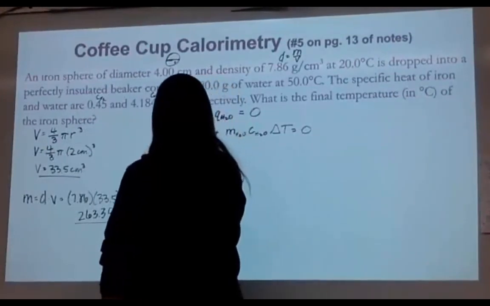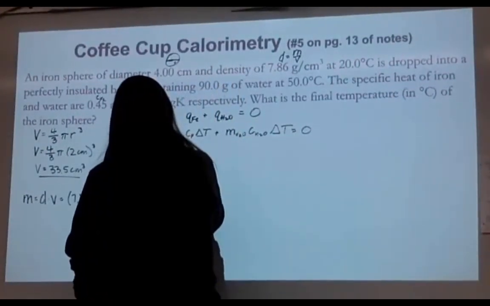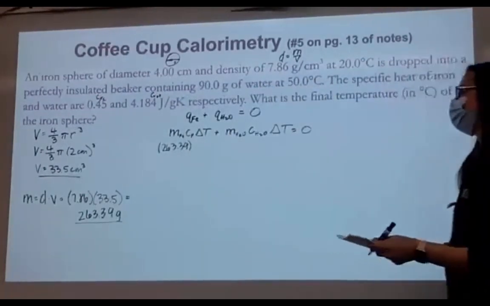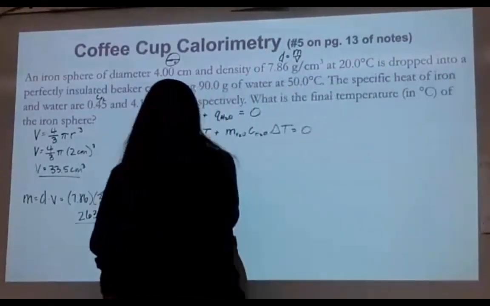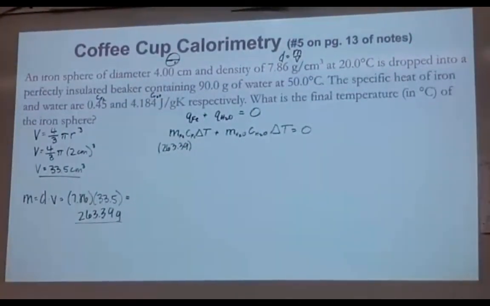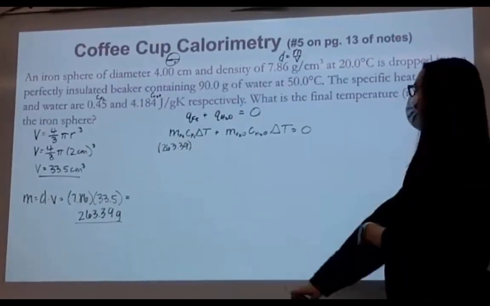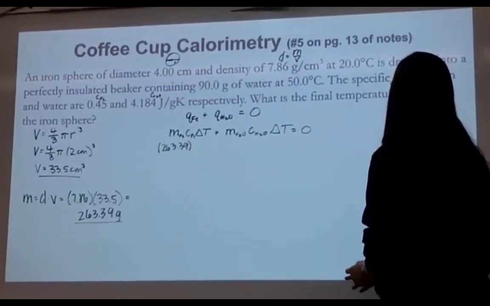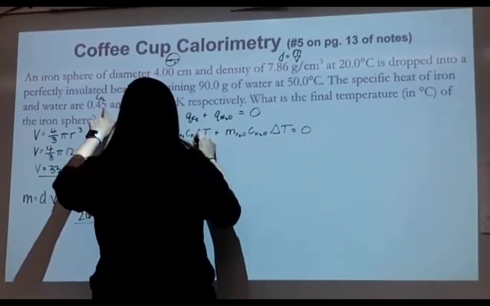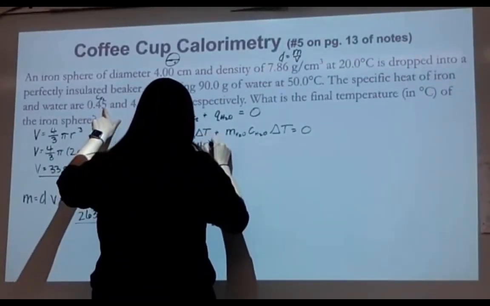That is the mass of Fe. Oh, I just wrote that. So the mass of iron, 263.39. What was the specific heat of iron that we were given? Right here, 0.45.